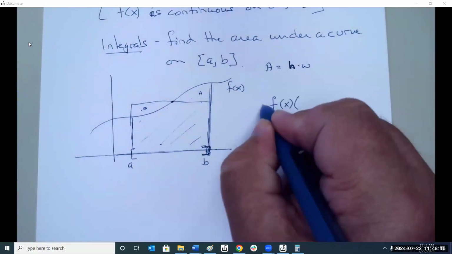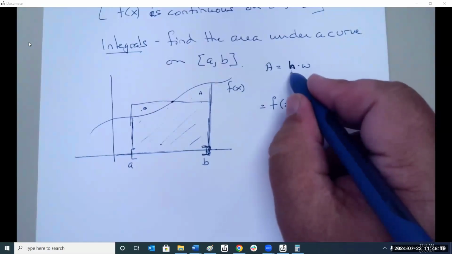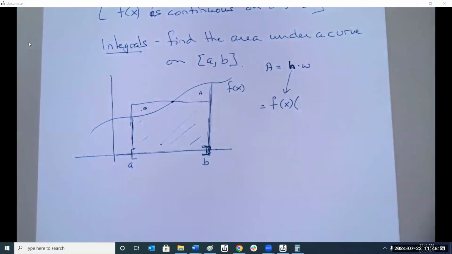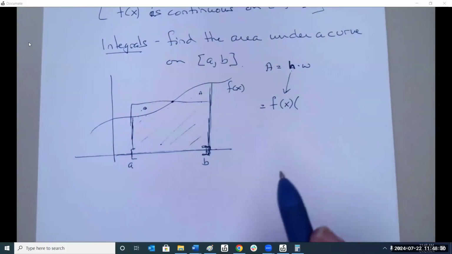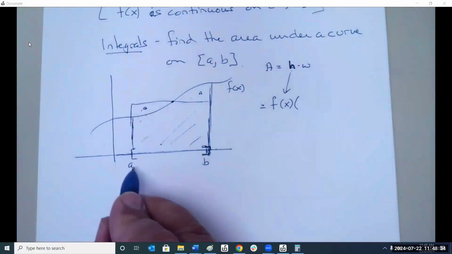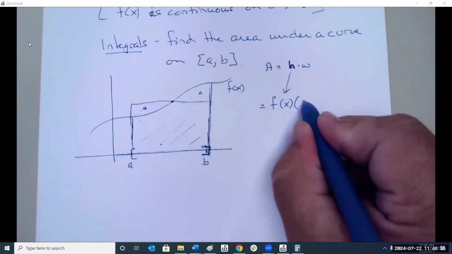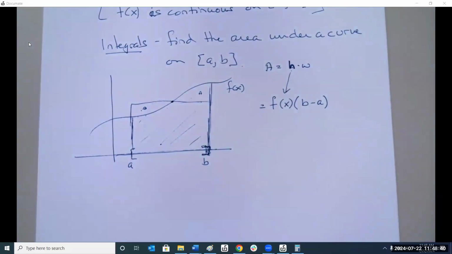The height of the function is the function itself, because the height from the x-axis to the curve is the height of each rectangle. Now the width, since we're looking at from A to B, this is the width.